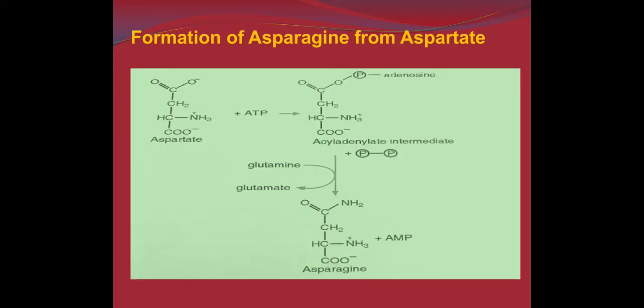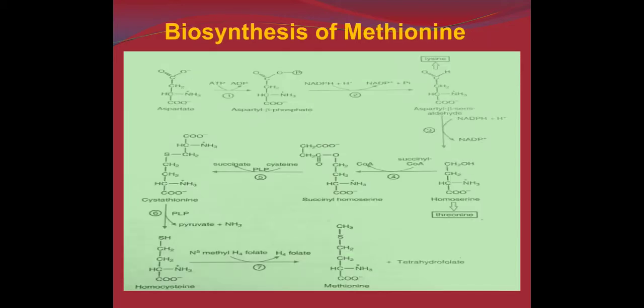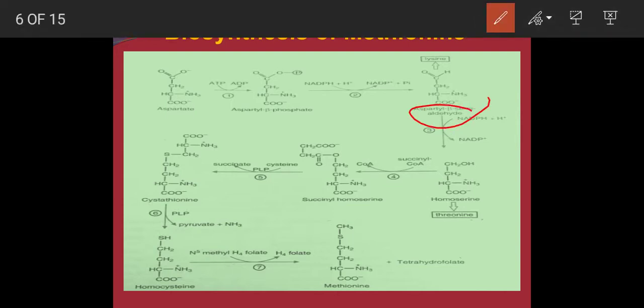First, the formation of asparagine from aspartate, and the aspartate gives rise to methionine by a 7-step reaction. And in this 7-step reaction, we have also seen that this aspartyl beta semialdehyde is an important intermediate.